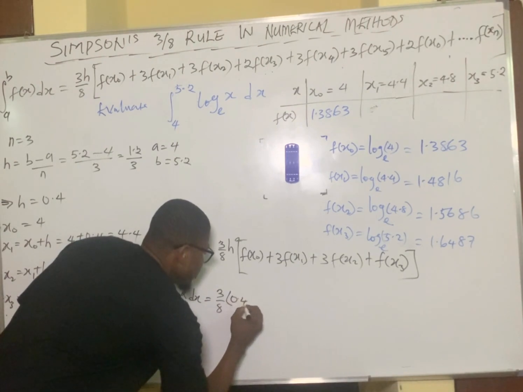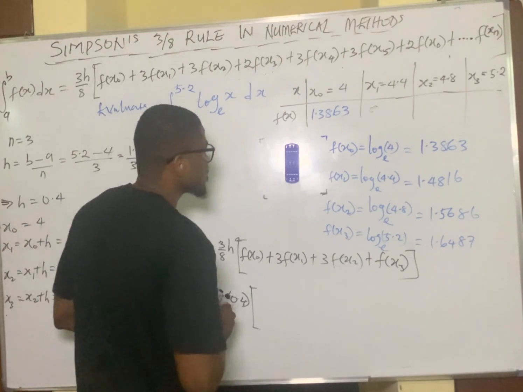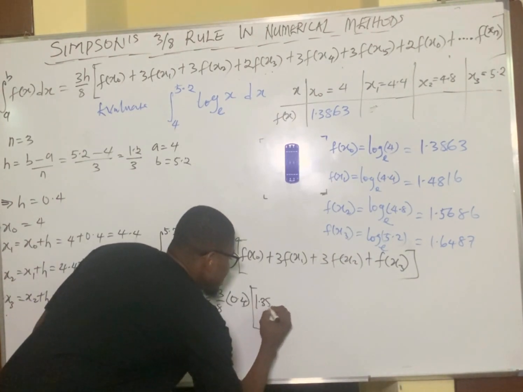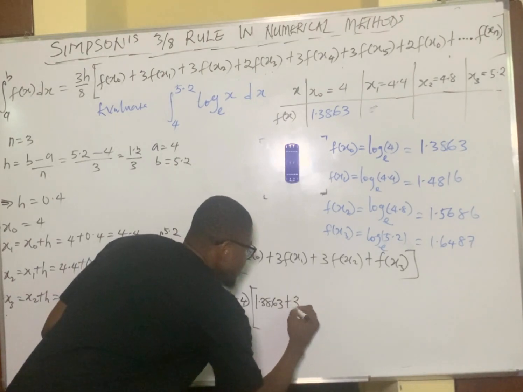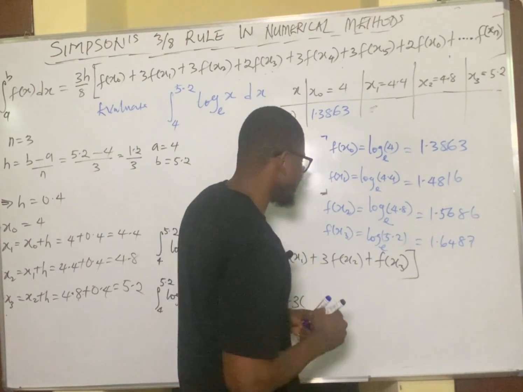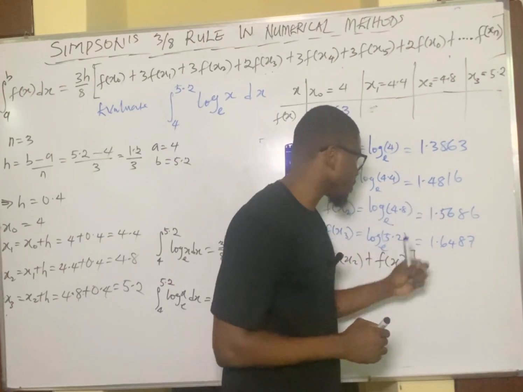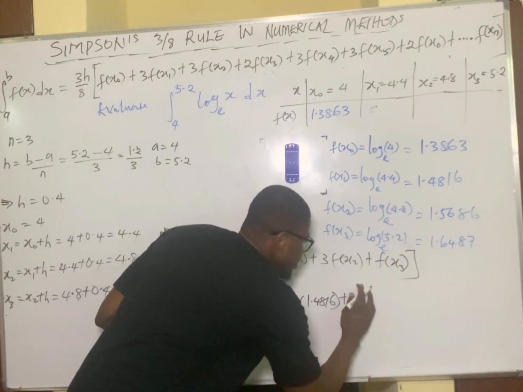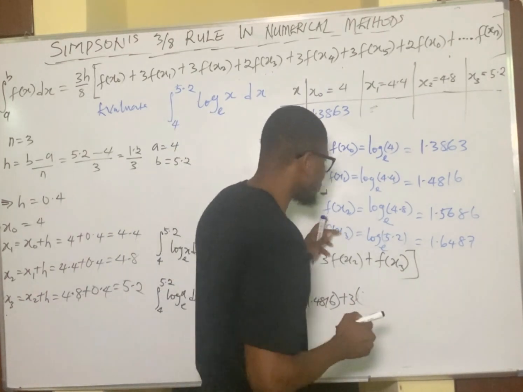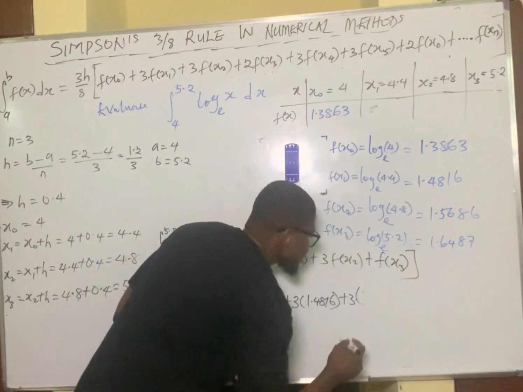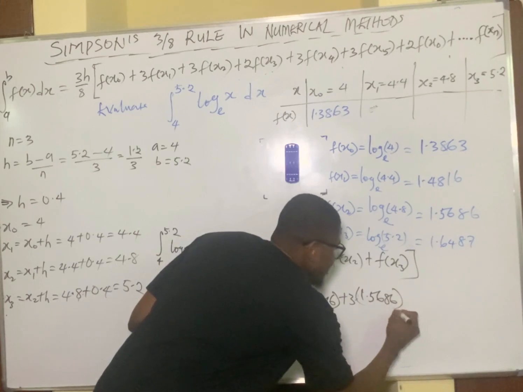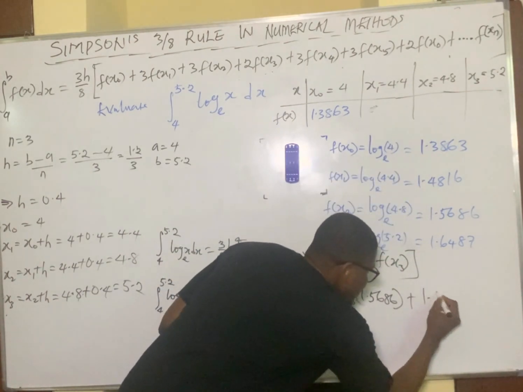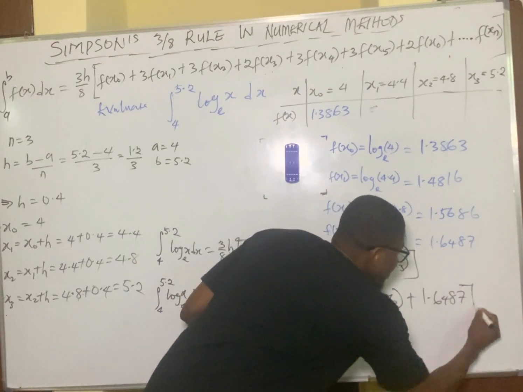So multiply 0.4 into f of x naught, which gave us 1.3863, plus 3 f of x1, and f of x1 gave us 1.4816, plus 3 f of x2, and f of x2 gave us 1.5686, and finally plus f of x3, and f of x3 gave us 1.6487.